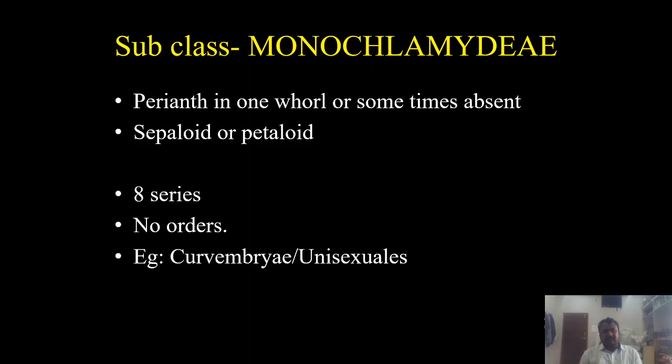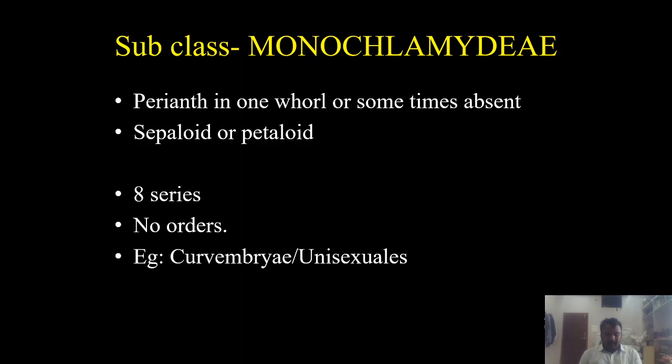The third subclass, Monochlamydeae. Perianth in 2 whorls or sometimes absent, or petals absent. There are 8 series and no orders here.